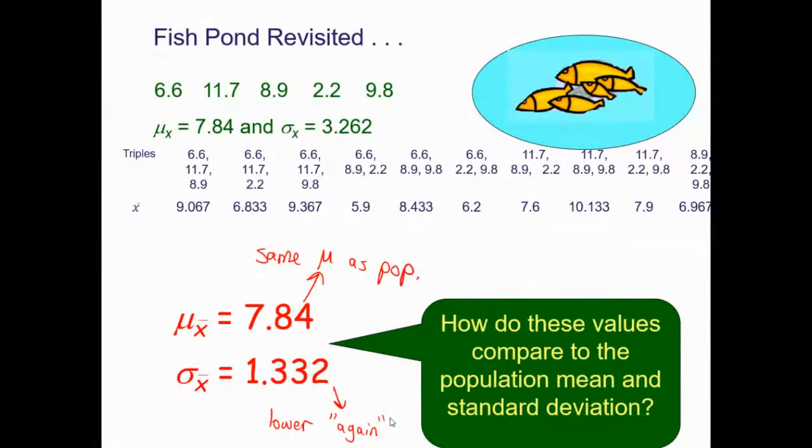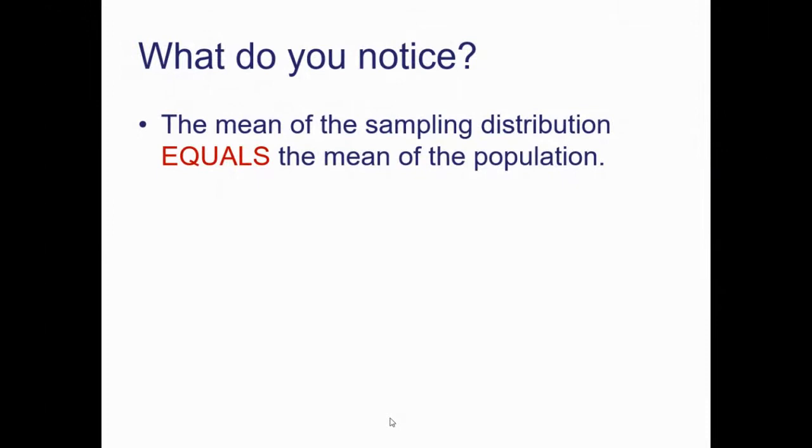So, what do we notice about the mean? What will the mean always be? The same. So the mean of the sampling distribution equals the mean of the population.